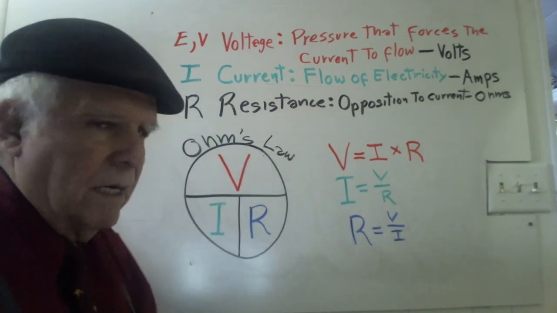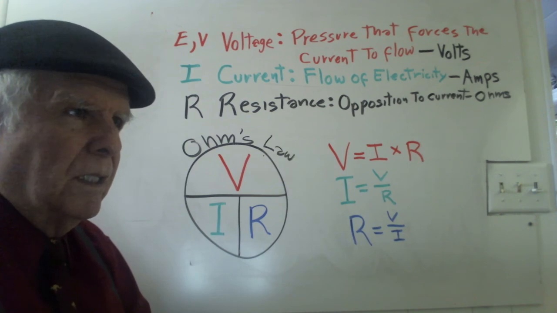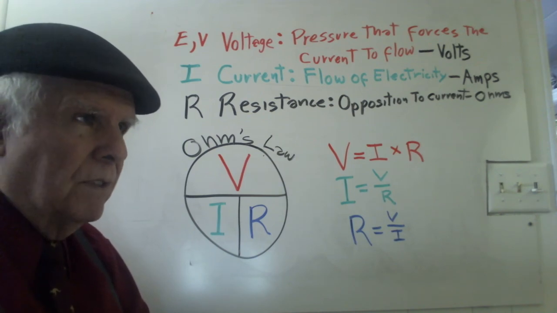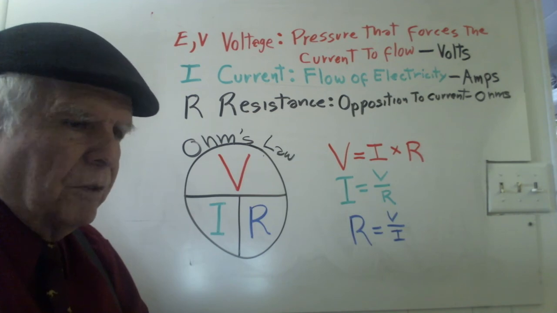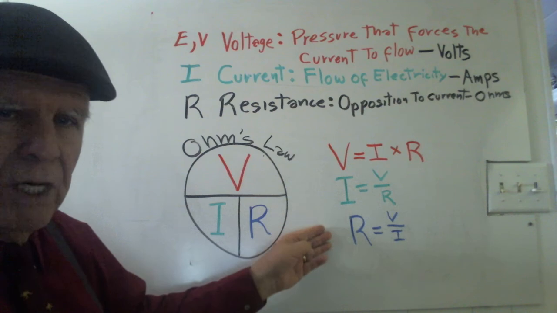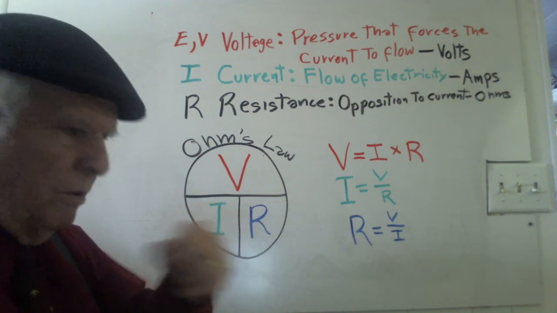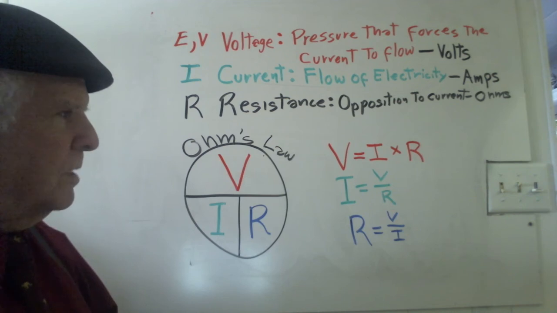Now, there are a lot of variations on Ohm's law, but you can add those to your skill set later as time progresses if you prefer to. However, these are what we need to get by. We don't really need the others, but they're kind of handy. You can save a step or two sometimes.